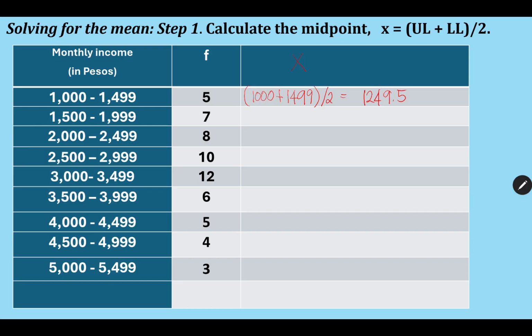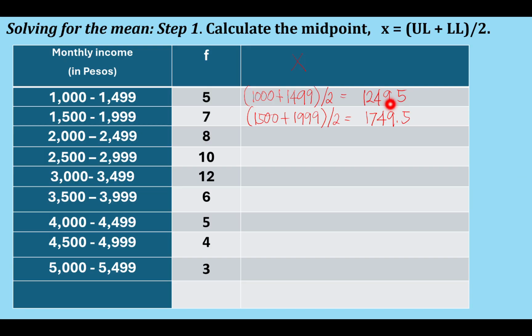Okay, so for the second we have 1500 plus 1999. The sum would be divided by 2, and that would give us 1749.5. Okay. So we can go on like this until we reach the lowest part.